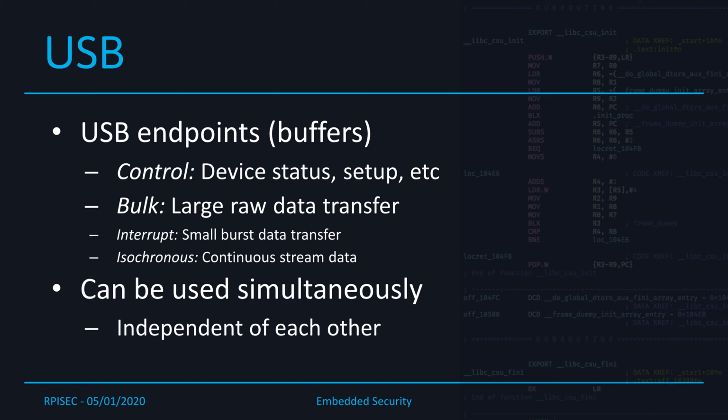Interrupt is basically a small, very bursty data transfer that has guarantees about latency. And isochronous, you're going to have a continuous stream of data. So if you have a microphone plugged in over USB, you don't want to use the bulk endpoint for transferring that data because you have no guarantees about how long it will take that audio data to get there.